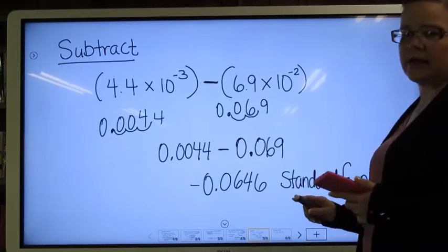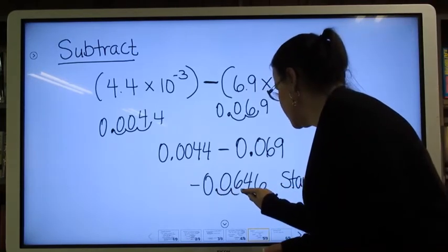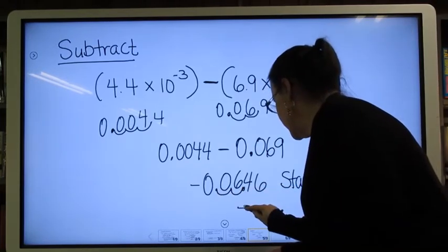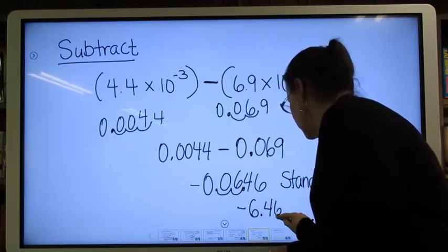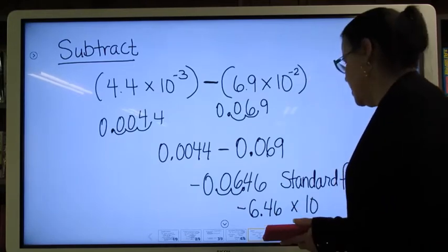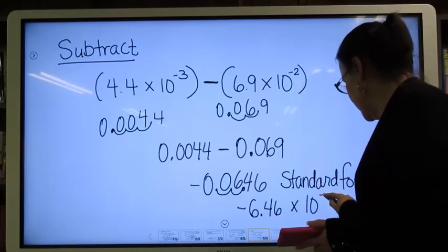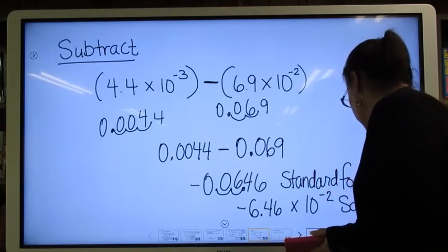But if they required the scientific notation, then you would go 1, 2, and you would say negative 6.46, and you would do times 10 to the negative 2. And that would be your scientific notation.